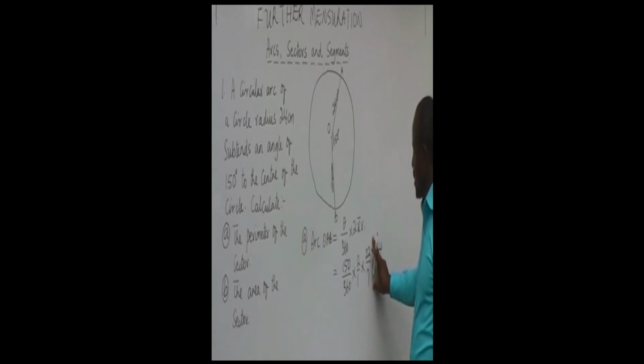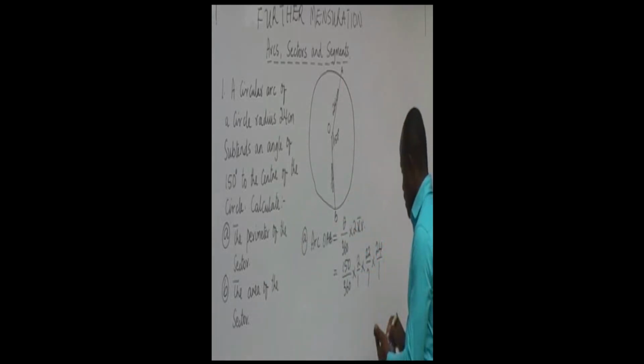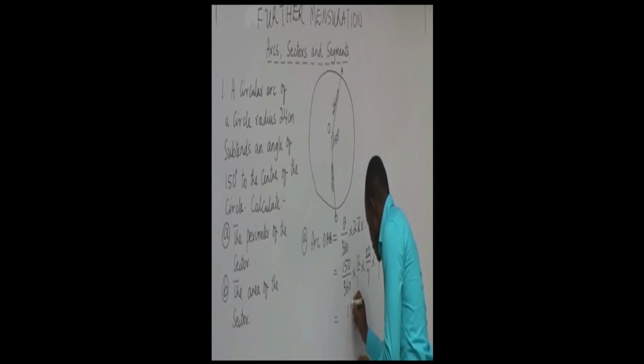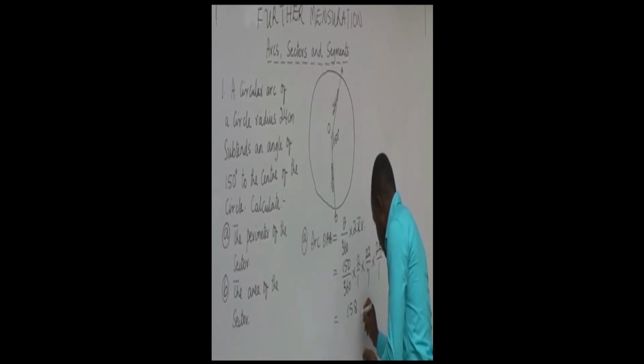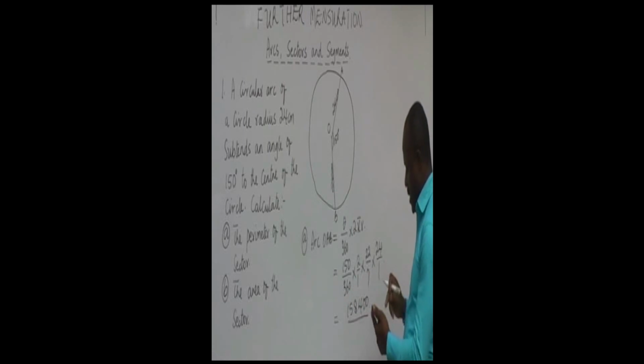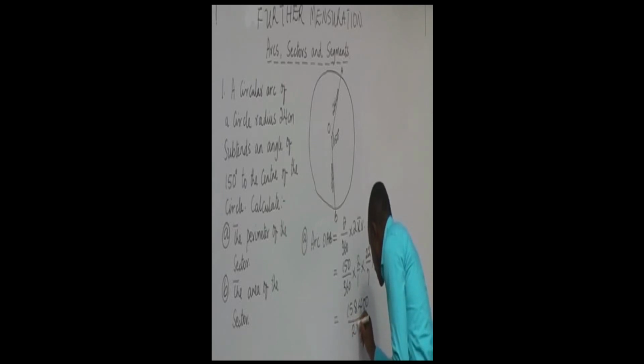If we solve this with our calculator, we discover that it gives us 158,400 over 360 times 7, which is 2,520.